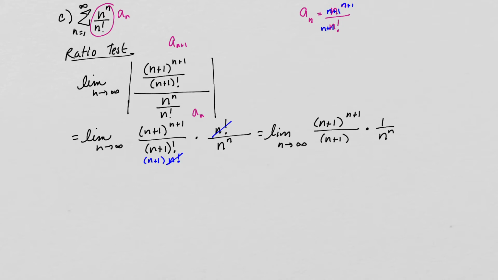And if you notice, I have an n plus 1 on the top and an n plus 1 on the bottom, so I actually could cancel those powers a little bit. This n plus 1 cancels out the plus 1 part there, because it's canceling out one of the n plus 1s. So we're left with the limit as n approaches infinity of n plus 1 to the n all over n to the n.